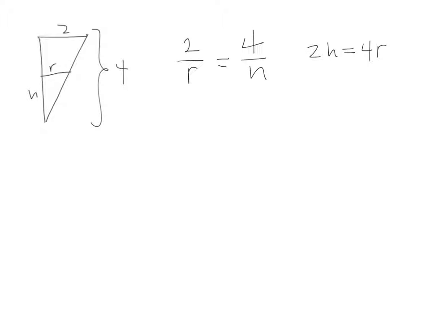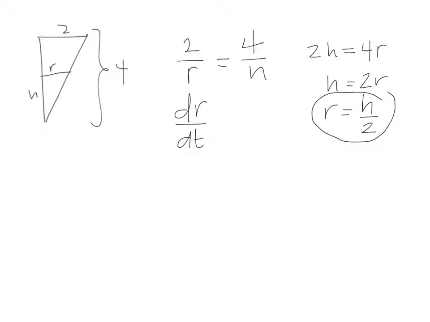And we can divide out the 2 so that H goes to 2R, and so R is equal to H over 2. Now that I have this, I can take this formula and apply the operator. dr by dt equals 1/2 dH by dt, because 2 is just a constant.